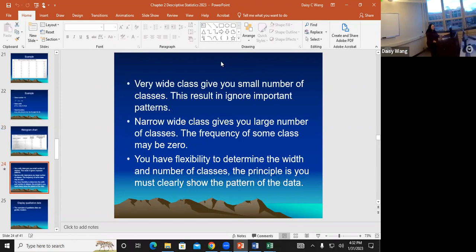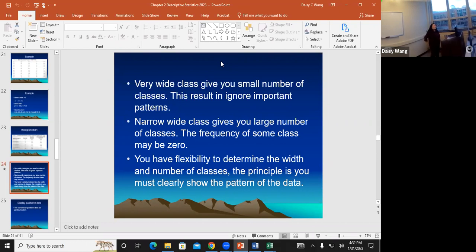So when we have classes that are too wide, like in the previous example, if we say 0 to 10 and then 11 to 20, we only have 2 categories, and it doesn't really tell us much. When the classes are too wide, we have a small number of classes, and then we might ignore the important patterns because everything will be in between these 2 categories.